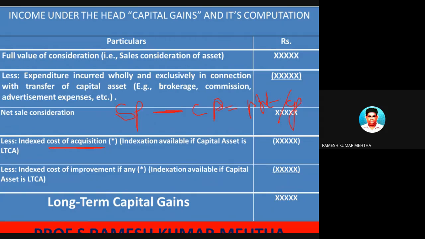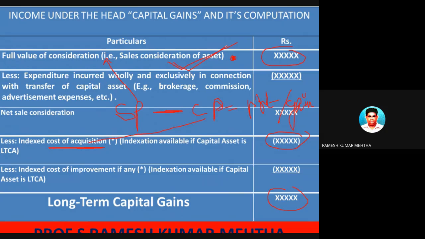In the same way, the same formula is used in the chapter income from capital gains: selling price minus cost price. So this is the selling price and this is the cost price. Selling price minus cost price will give you the gain. The selling price will be given in the problem. We need not calculate it.